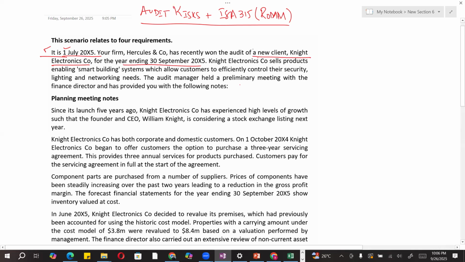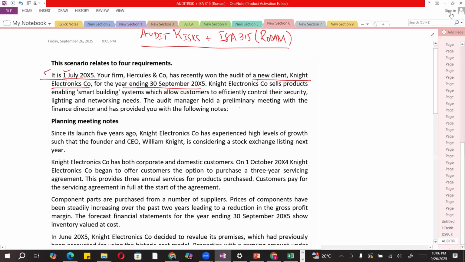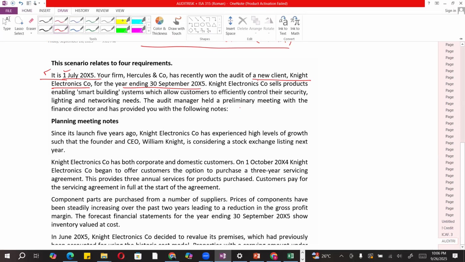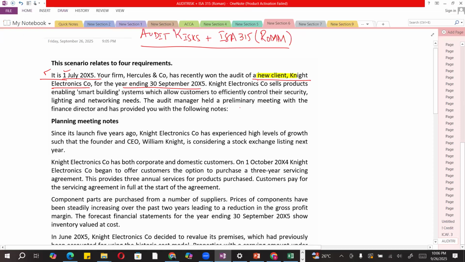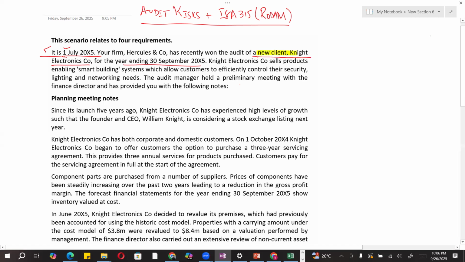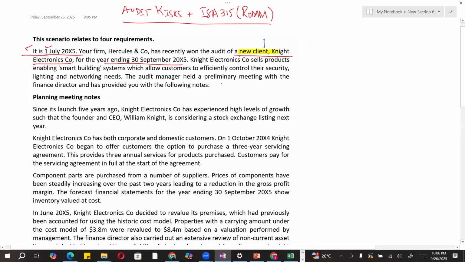Now, here's a very critical piece of information that you cannot afford to ignore, and that is the information about new clients. When you're told in the case study that it's a new audit client, there are two things that you need to keep in mind. Audit risk is a function of risk of material misstatement and detection risk.